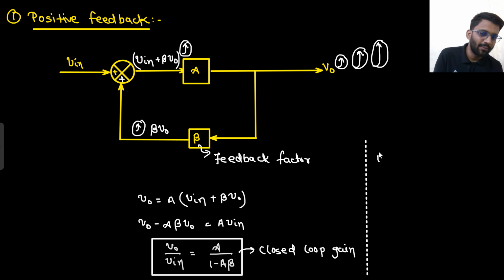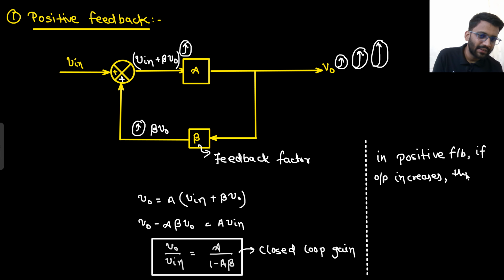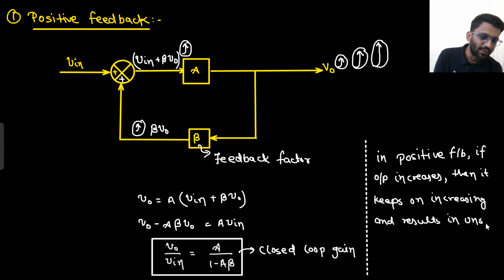So in positive feedback, if output increases, then it keeps on increasing, and results in unstable output.